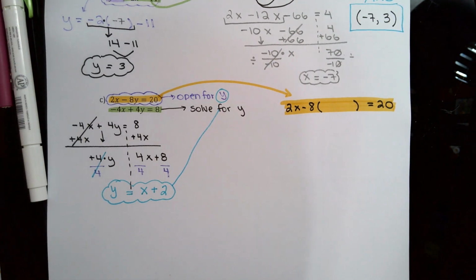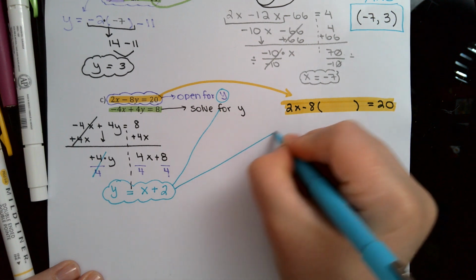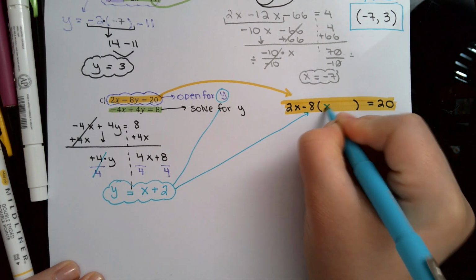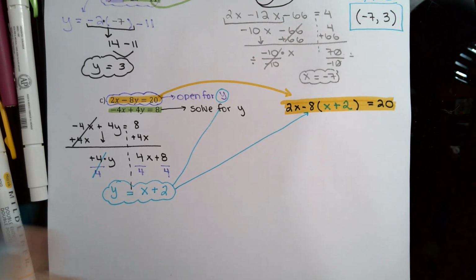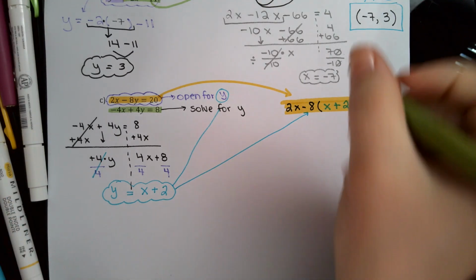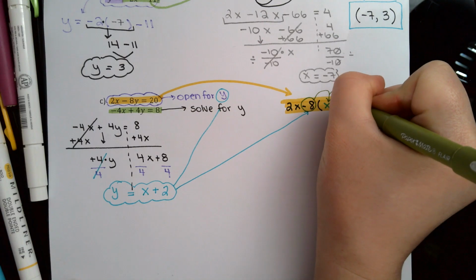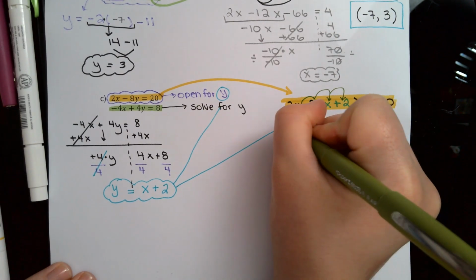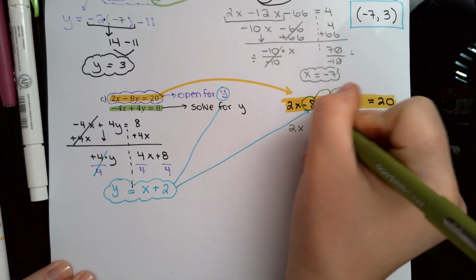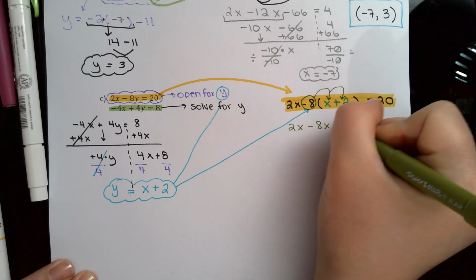Now for our y, we had x plus 2. Reminder, what makes these questions a little bit more challenging is that we're going to need to distribute this negative 8 onto x and onto a positive 2. We're left with 2x. Negative 8 times x is a negative 8x. Negative 8 times a positive 2 is a negative 16.